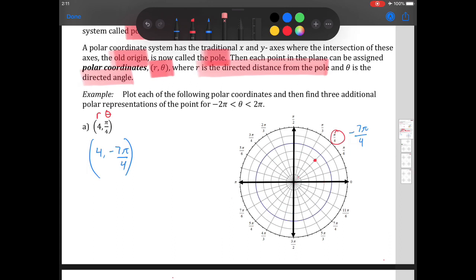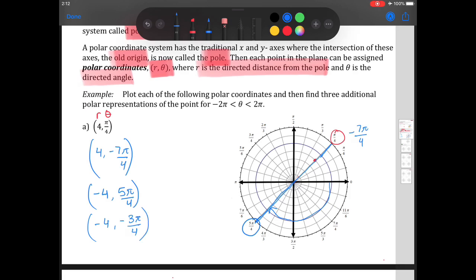What happens if I go on the opposite side of the axis? My r changes from positive to negative, and my angle will be 5 pi over 4. And that's in the counterclockwise direction. If I went in the clockwise direction, 5 pi over 4 is the same thing as negative 3 pi over 4.